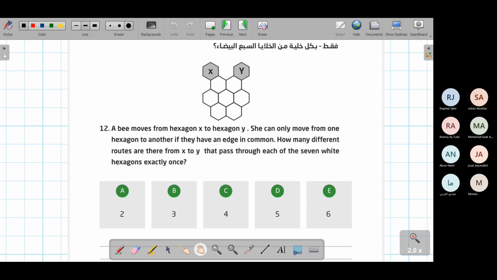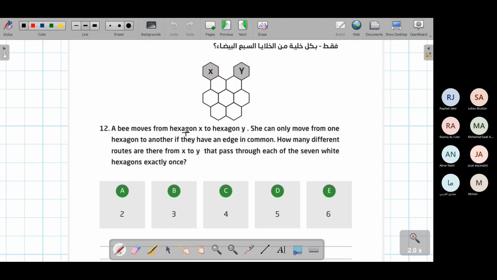Yalla. We want to move from X to Y, but I need to what? To move from X to Y by what? Jude, yalla. They should have an edge.